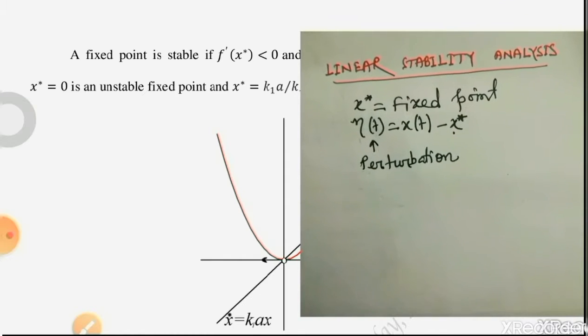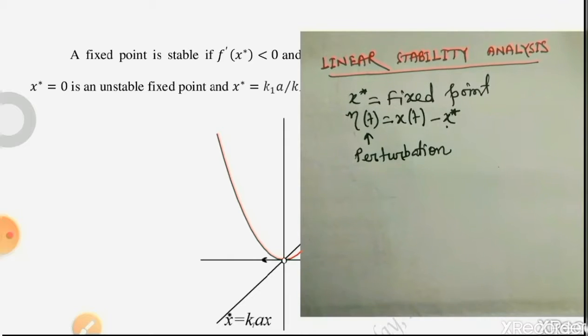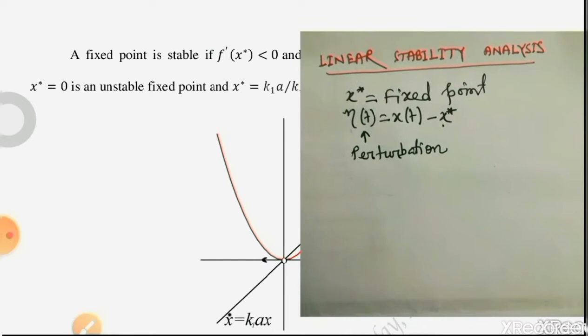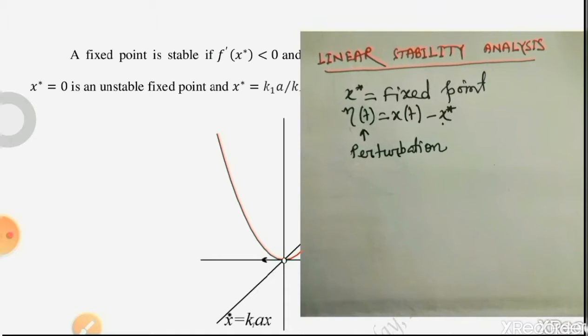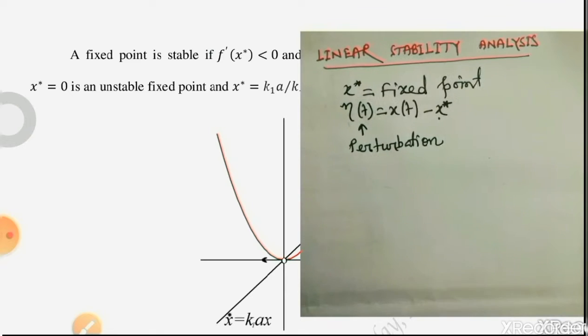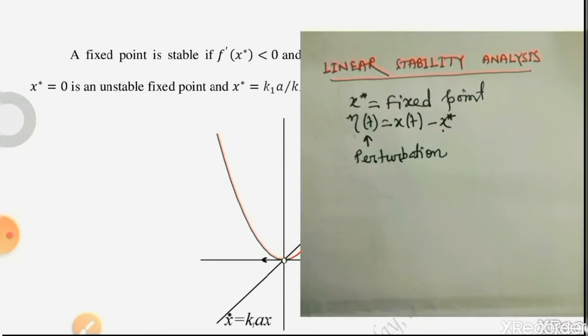Now we want to see whether the perturbation grows or decays with time. If the perturbation grows with time, then the fixed point will be an unstable one, and if the perturbation decays with time, then the fixed point will be a stable one.